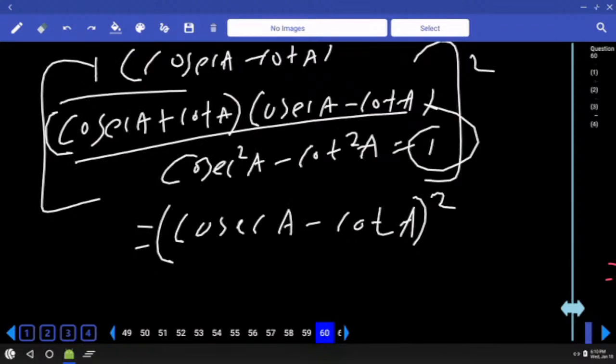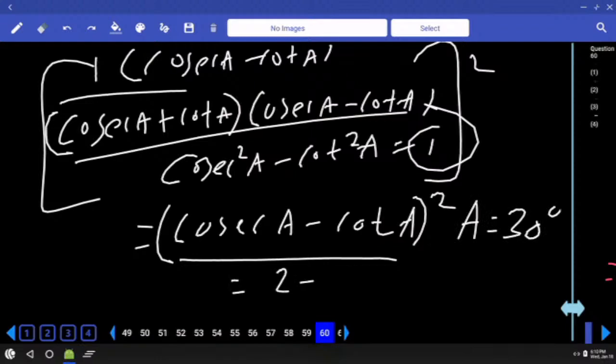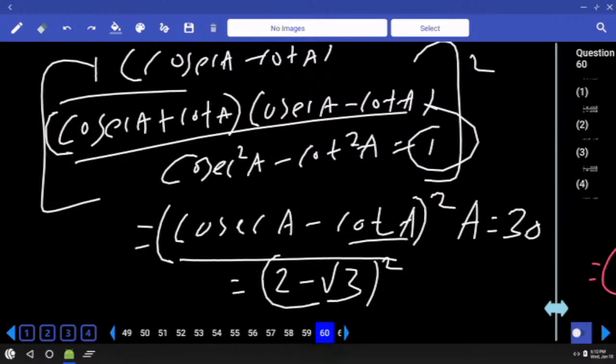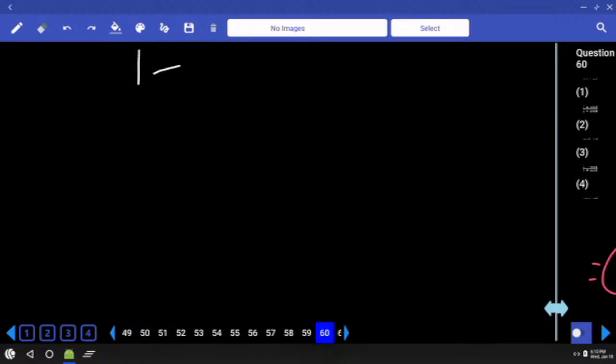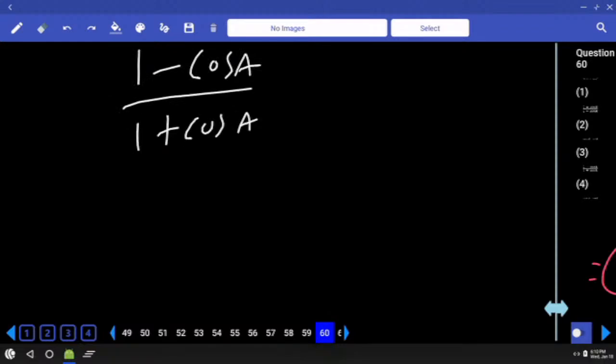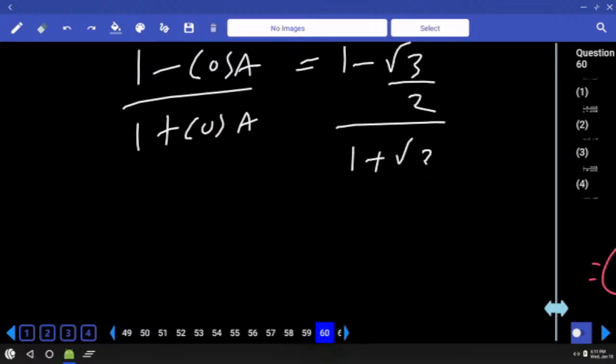Sir, no? Angle substitution కూడా చేయొచ్చు. ఇక్కడ వచ్చిన తర్వాత I can take A equal to what? 30. cosecant 30 is 2, cot 30 root 3. 2 minus root 3 whole square. Here also 1 minus cos A by 1 plus cos A. Yes or no? This is cos 30 తీసుకున్నాగా 1 minus root 3 by 2 by 1 plus root 3 by 2.